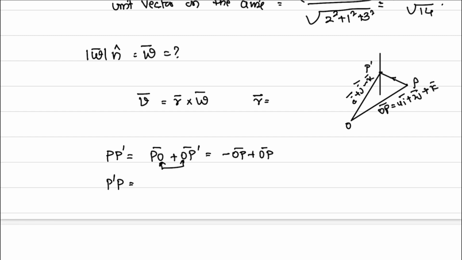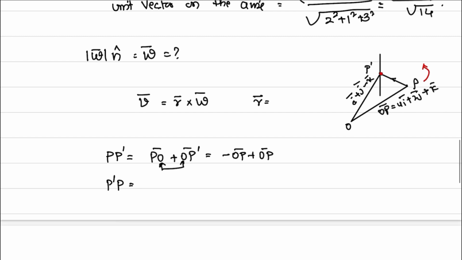Because omega is required this way, with respect to the axis we require a point on the axis, and with respect to the point on the axis we require PP dash, not P dash P. We require with respect to this, because this is the axis, this is the n.